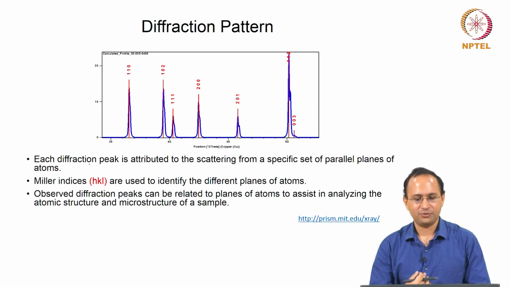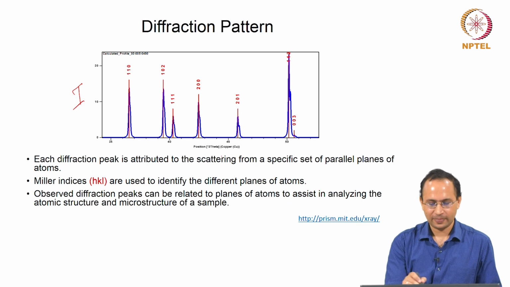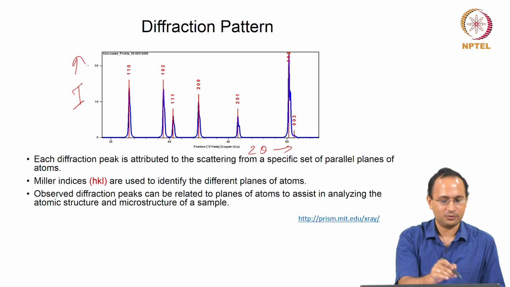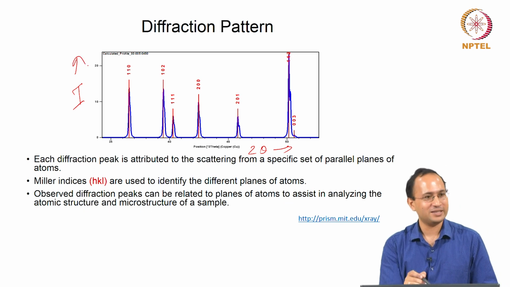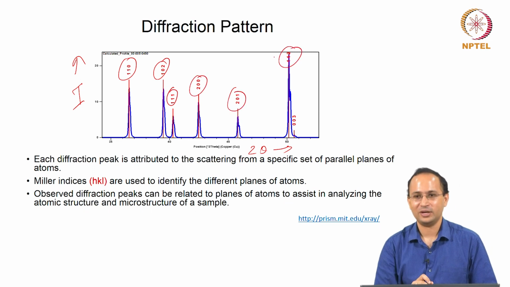So, what does a diffraction pattern look like? A typical pattern looks like this: you have intensity on the y axis and you plot 2 theta, right. You see these peaks, and these peaks are associated with these planes, okay.